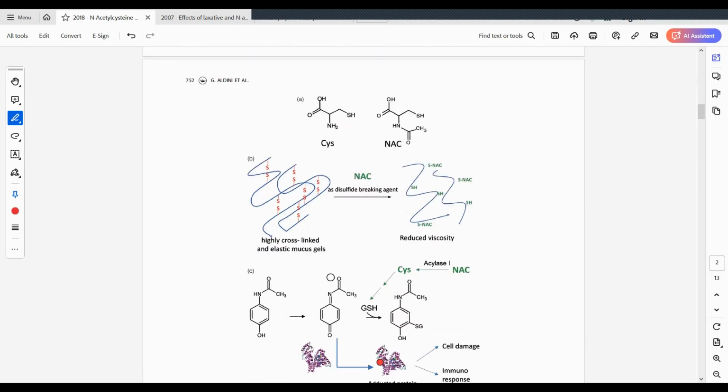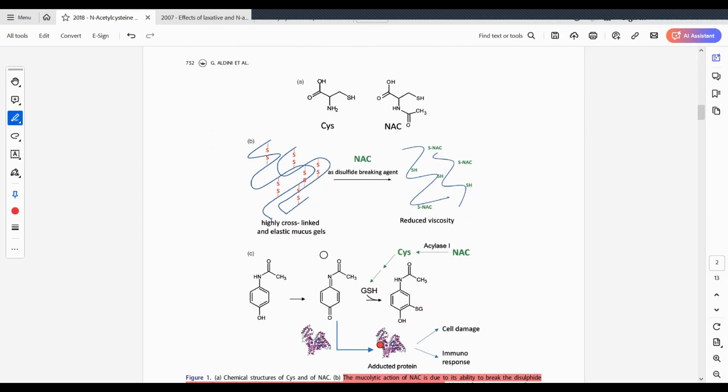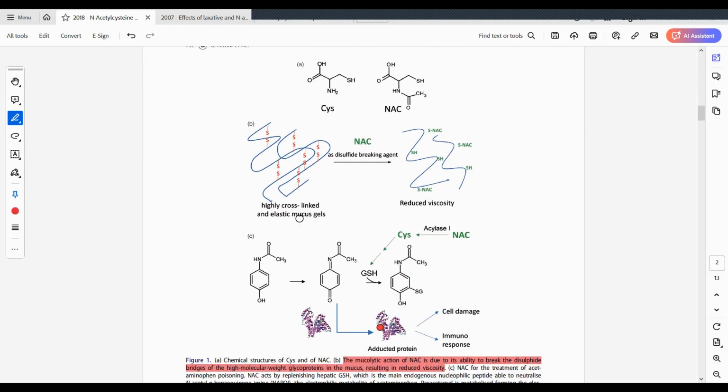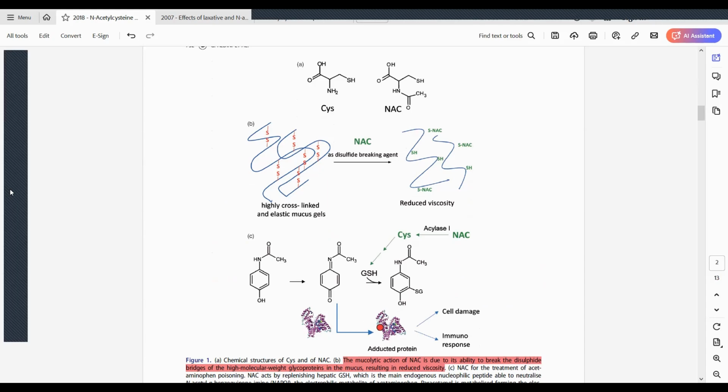So if we look at a picture first, you could look at mucus here on the left where the red S's are. This would be a highly cross-linked mucus. Let me change colors.